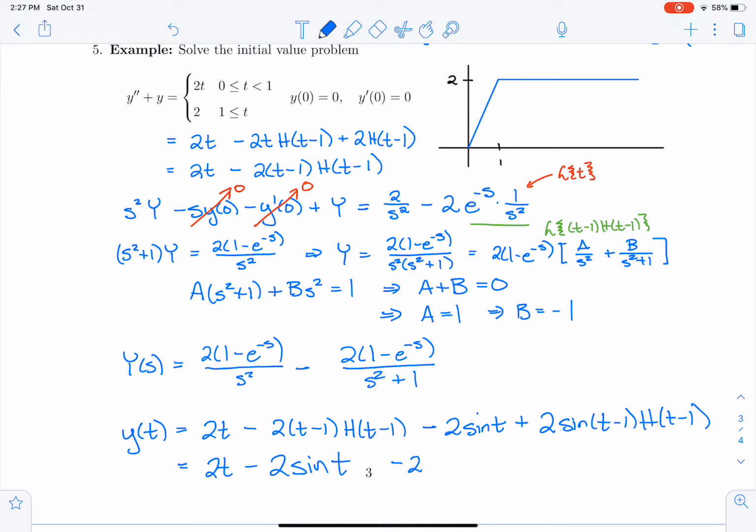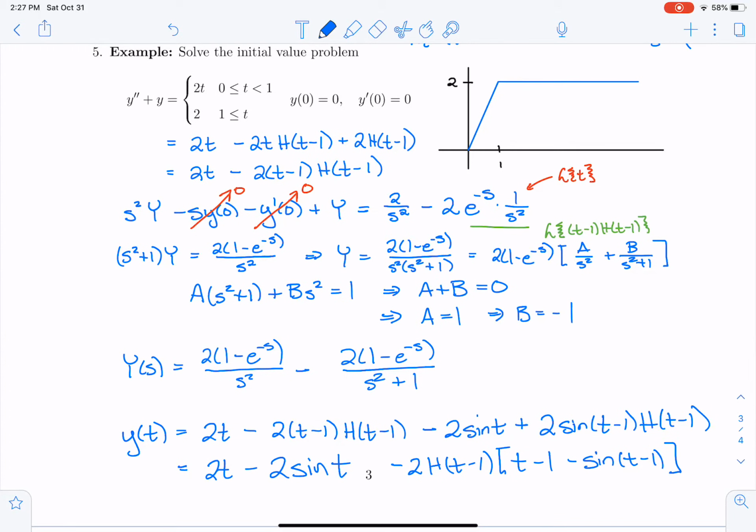So I'm going to subtract 2 h of t minus 1 times what seems to be left, which is t minus 1 minus sine of t minus 1. It's just nice sometimes to write your solution to one of these second order differential equations so that you have the parts that don't have a Heaviside function in them and then the parts that do have a Heaviside function in them.